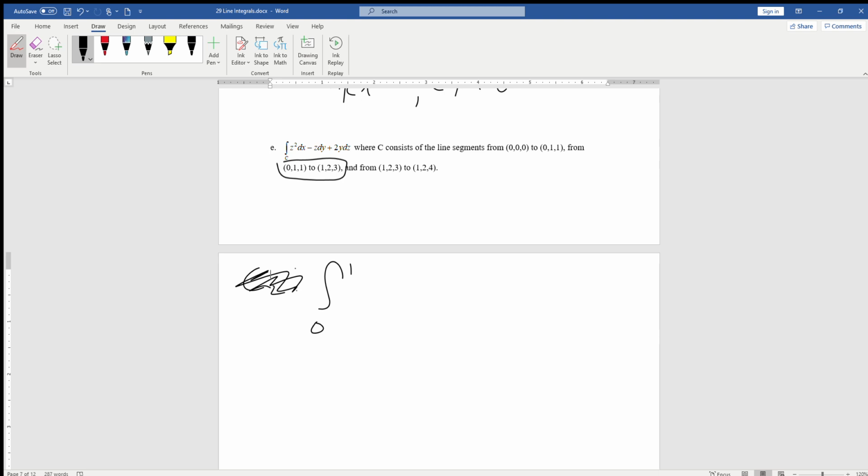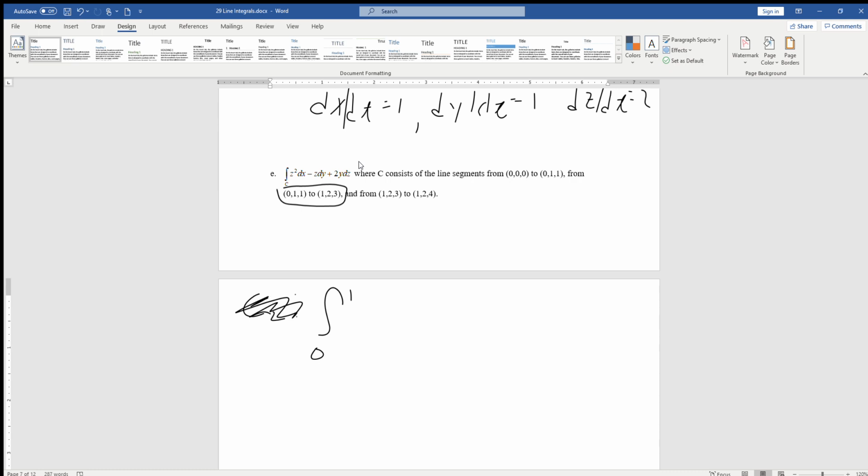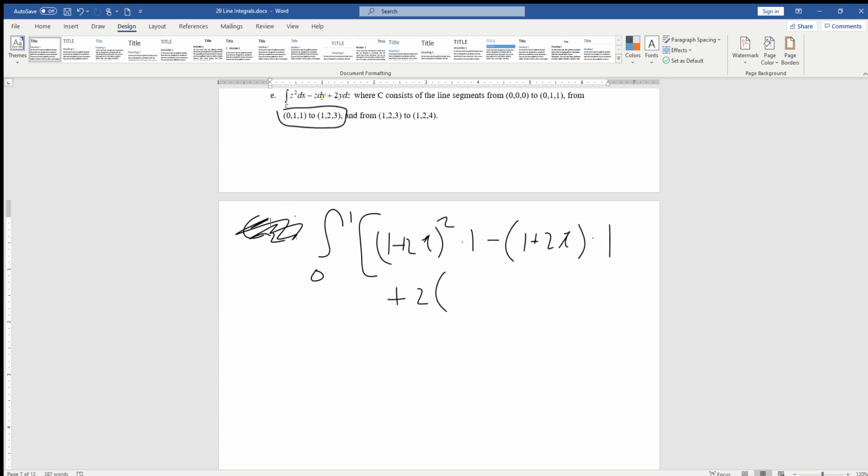Now z squared we know is going to be 1 plus 2t, so that's going to be the quantity 1 plus 2t squared, times dx, which is 1, minus z, which is 1 plus 2t, times dy, which was 1, and then plus 2y, so 2 times 1 plus t, times dz, and dz was 2, and then we have a dt.